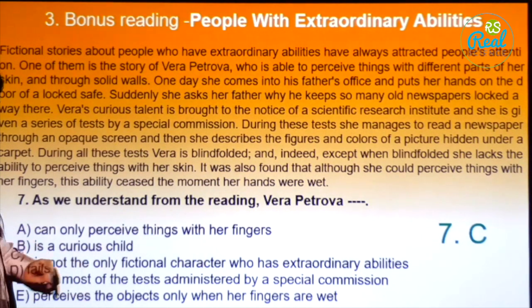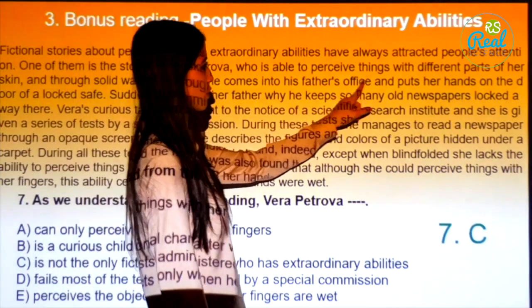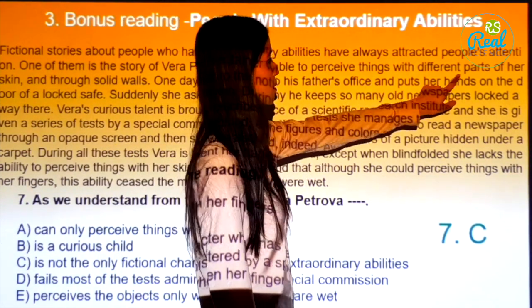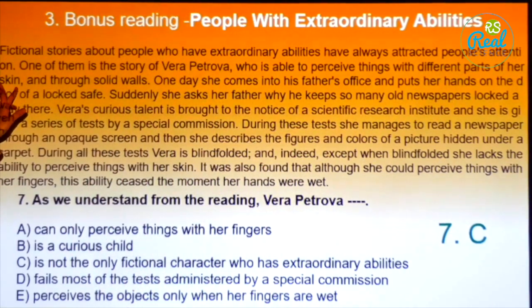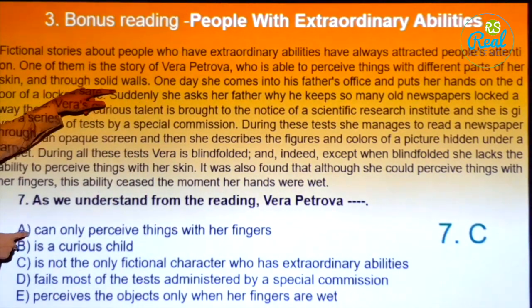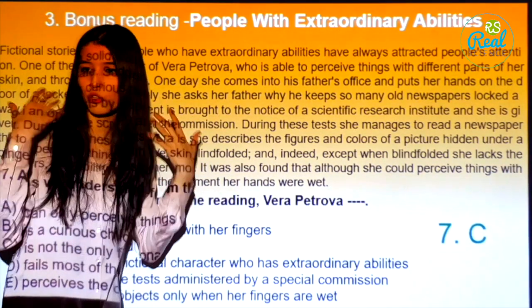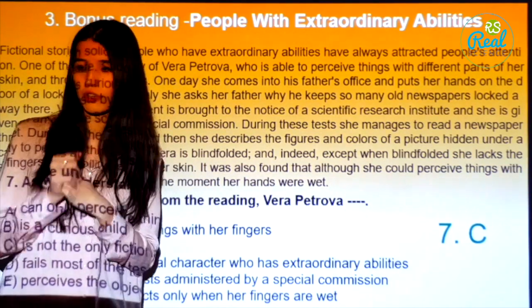What does perceive mean? Perceive things with her fingers. Feeling. Okay, look. Who is able to perceive things with different parts of her skin and through solid walls? So directly the answer A is incorrect because it states only fingers. But skin is all over your body, right? It's not about your fingers.